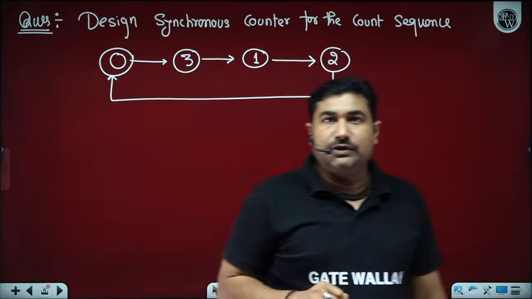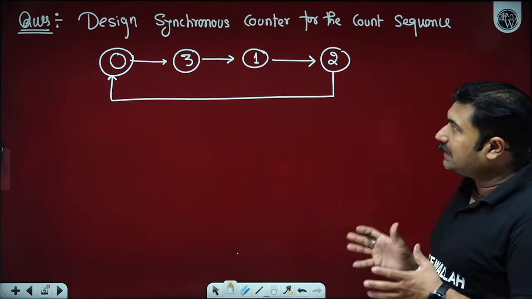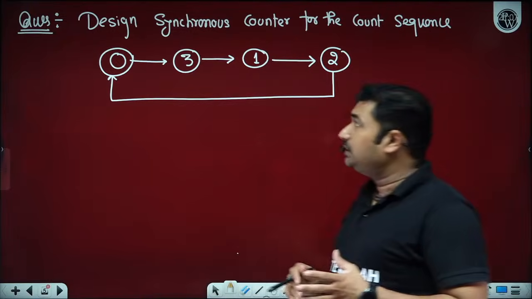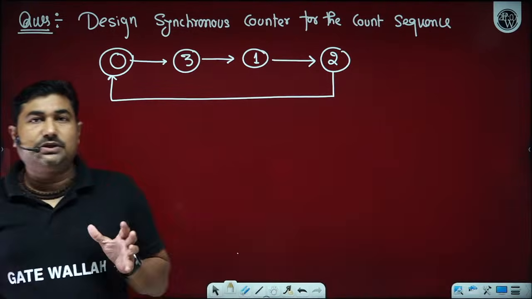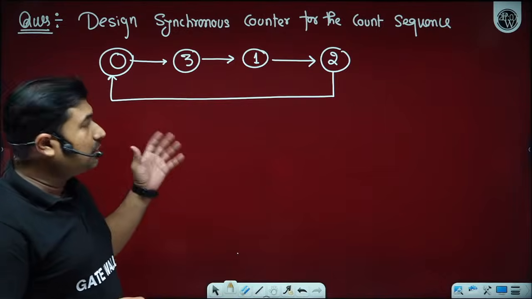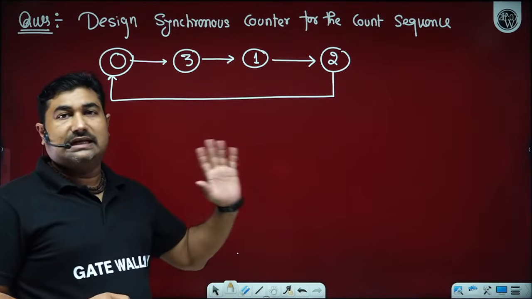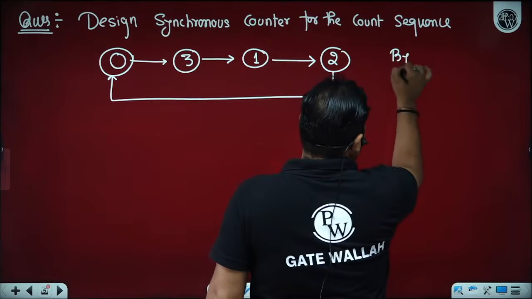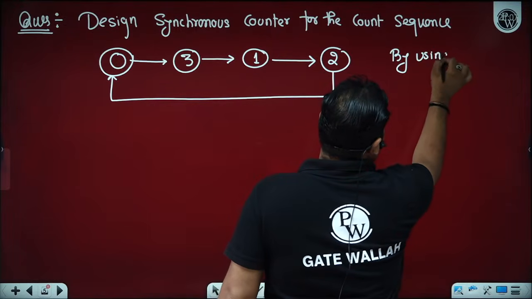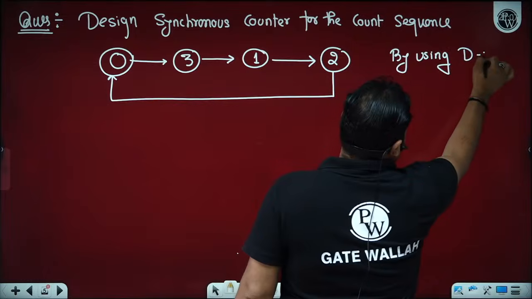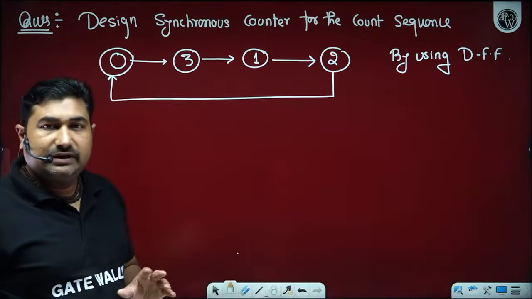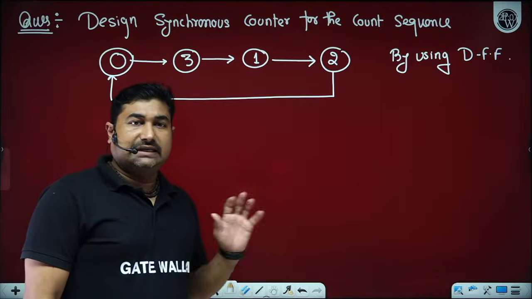So suppose we want to design a counter for the count sequence 0, 3, 1, 2, 0. You want to design such a counter using a D flip-flop. Presently, I want to create it by using a D flip-flop. How many of you are able to understand the question?